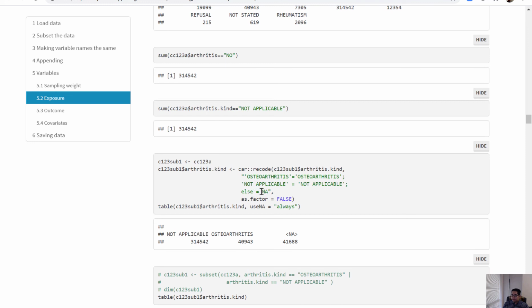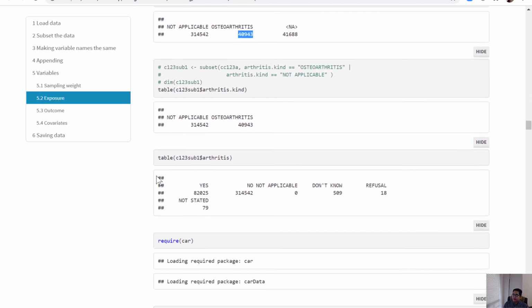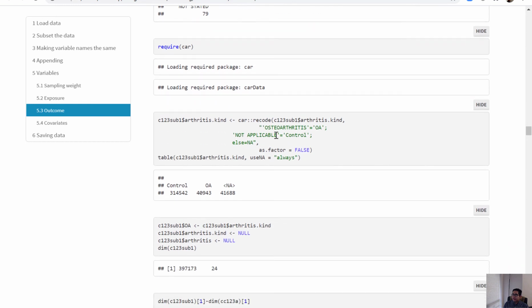So everybody else will be assigned a missing value, and you now have the number of people who do not have arthritis and who have osteoarthritis. I do not want to include other kinds of arthritis in this analysis because that might confound the relationship that I'm interested in. Now this is just a matter of recoding. I'm naming osteoarthritis with the short name OA, and whoever was not applicable, I'm giving them the name control, meaning they did not have any arthritis at all.